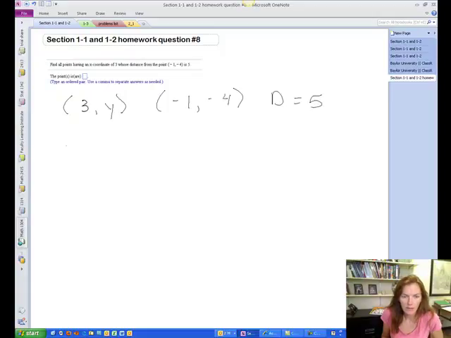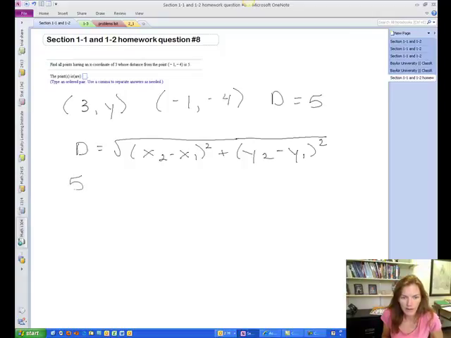So we know the distance formula is d equals the square root of the differences in the x's, (x2 minus x1) quantity squared, plus the differences in the y's, (y2 minus y1) quantity squared. All right, and so for this problem we might as well just look at what we have.